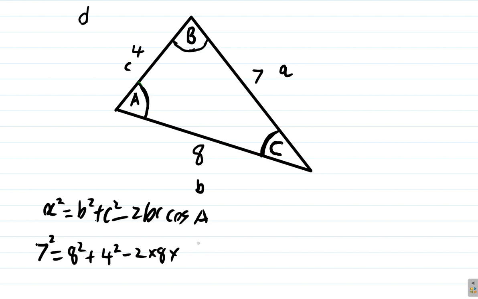Finish it off. Alright, you did that. What did you get for angle A? Let us see. Times c, small c, is 4 times the cosine of angle A, whatever it is.